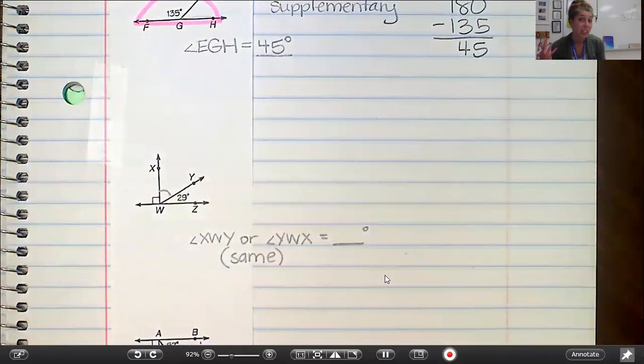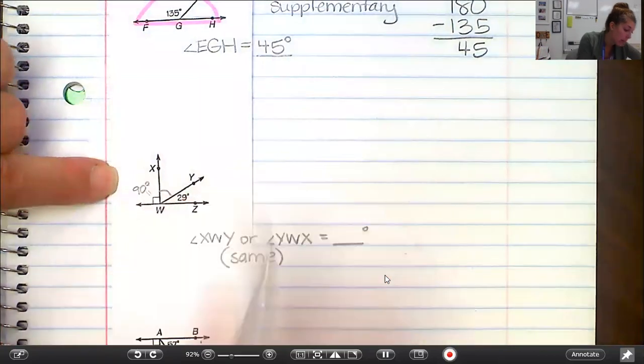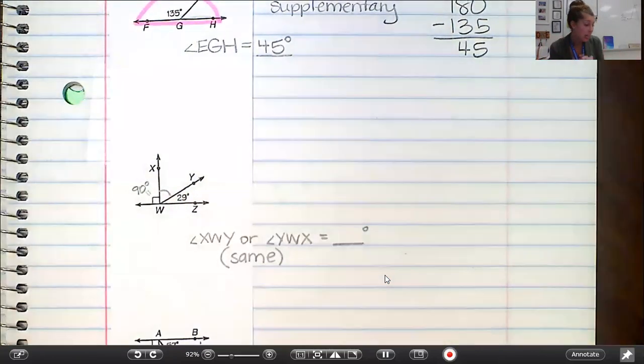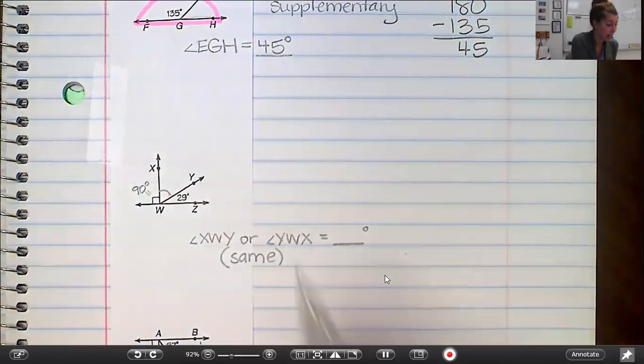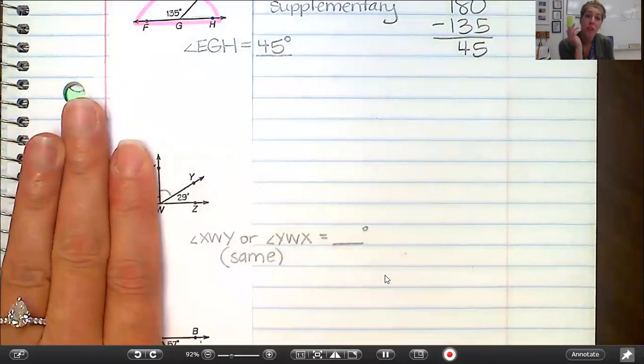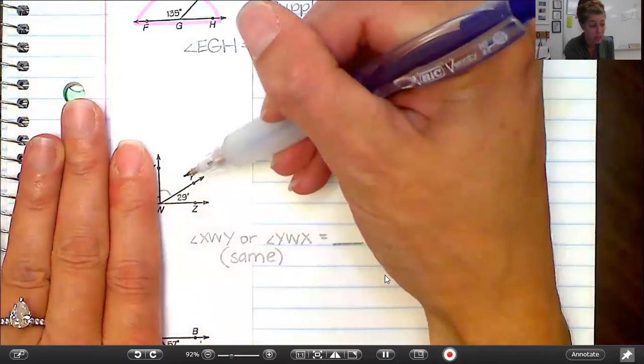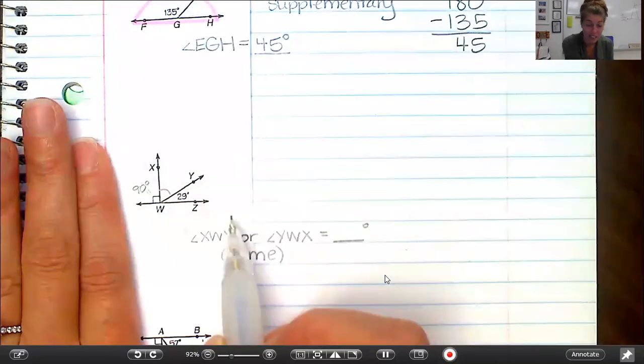Now there's 2 ways you can actually think about this one. My brain sees this 90-degree angle, right? Now that is key to solving this problem, because I know that if this is a 90-degree angle, then those 2 are also a 90-degree angle because of the straight line, right?